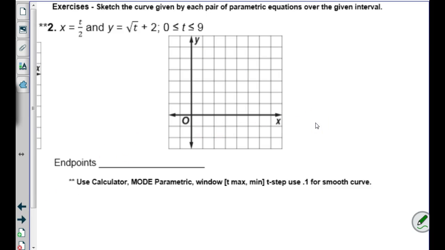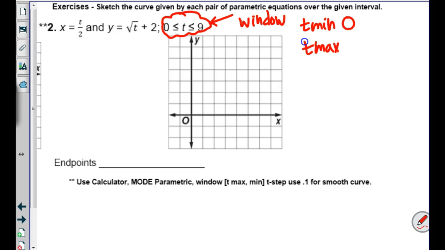Okay, so try this one on your calculator. Everybody try it on your own. What's the important thing besides retyping what defines x and y? Where do you put this into your calculator? Your T min is going to be 0, your T max is going to be 9, and your T step is going to be 0.1.